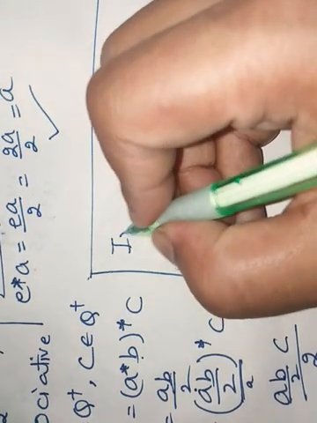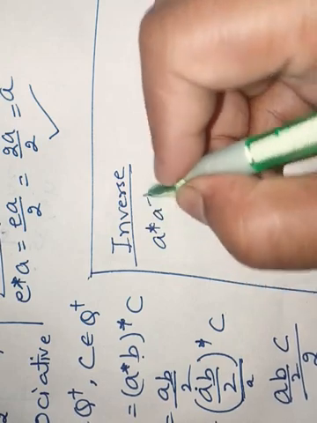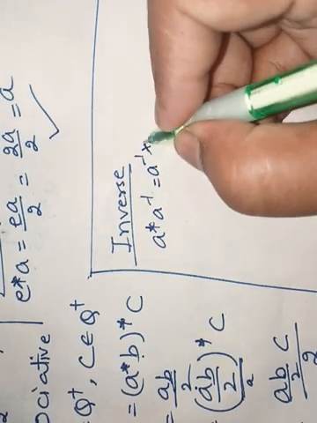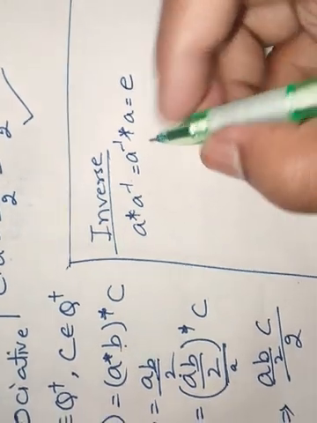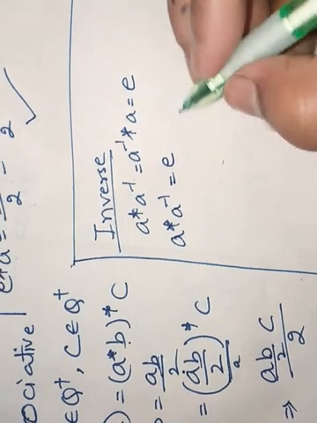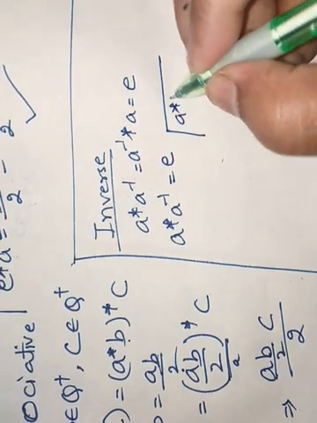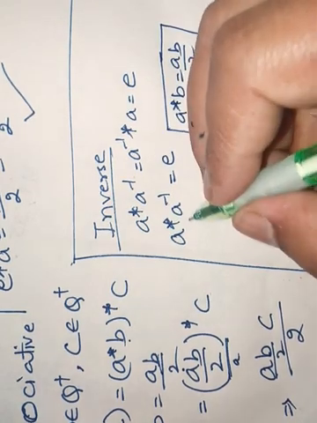Next, inverse. Inverse is A star A inverse is equal to A inverse star A is equal to E, we should get. Now I am selecting one term. I am writing A star A inverse is equal to E. In the question they gave A star B is equal to AB by 2. Now in the place of B it is A inverse.